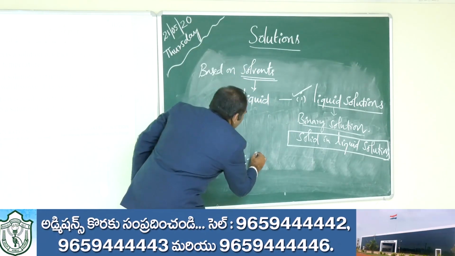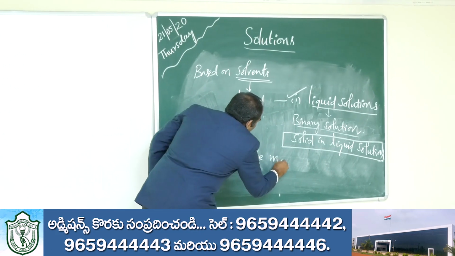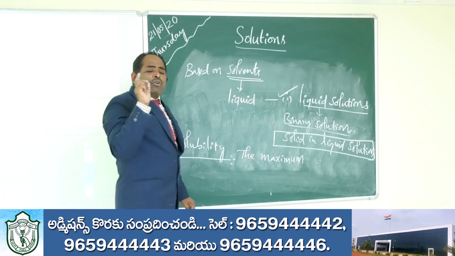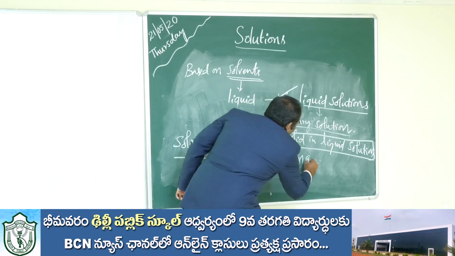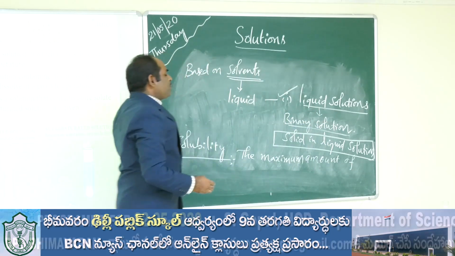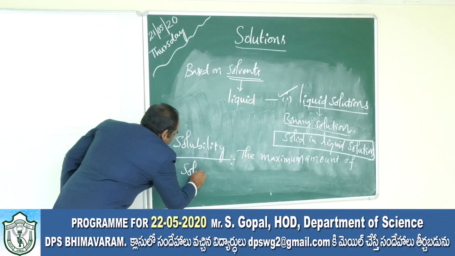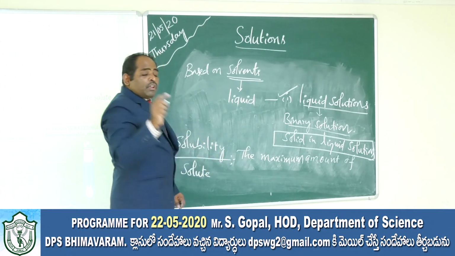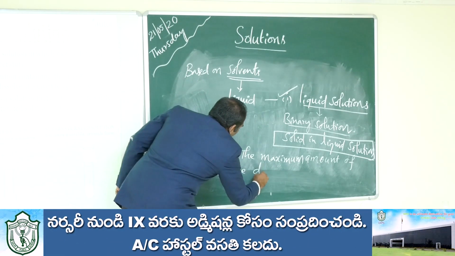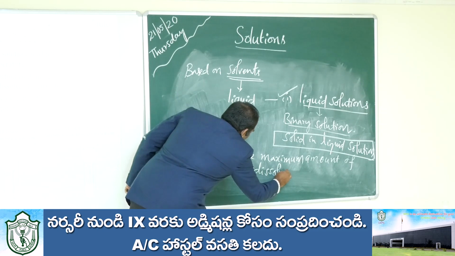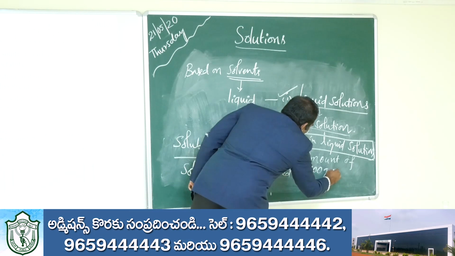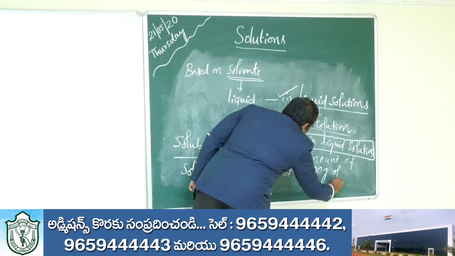See children, write down: the maximum amount of solute which can be dissolved in 100 grams of solvent.